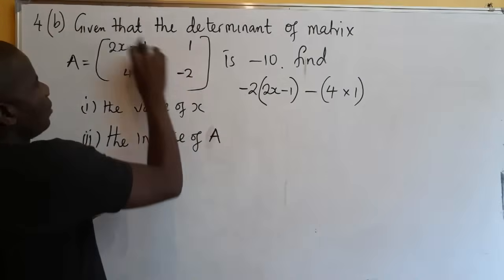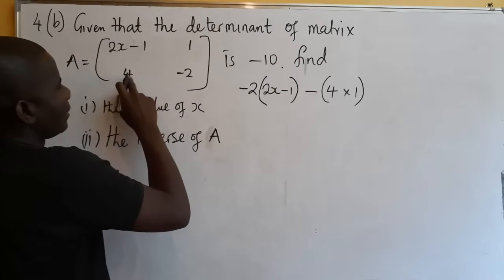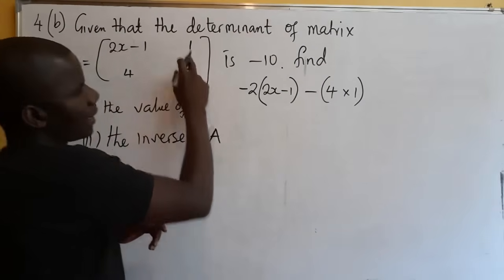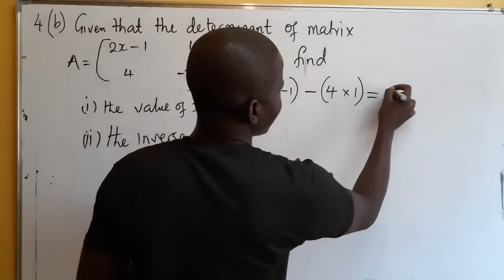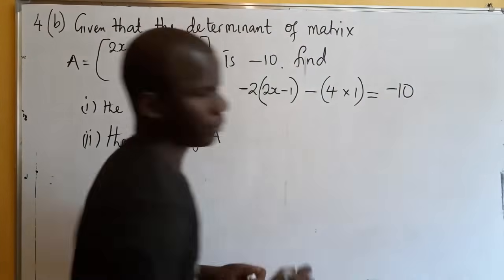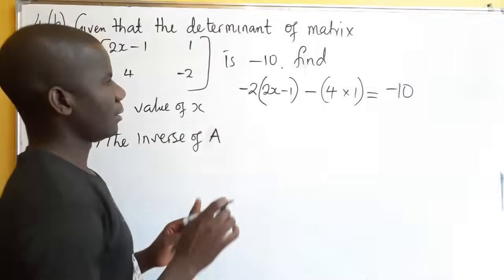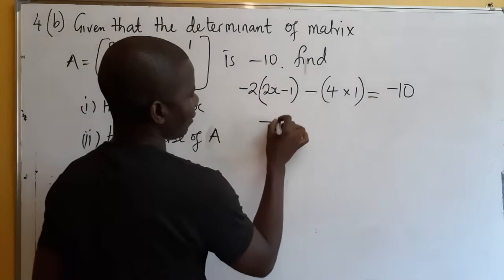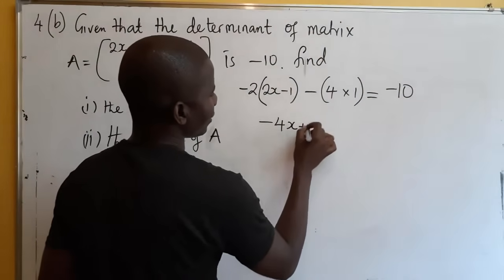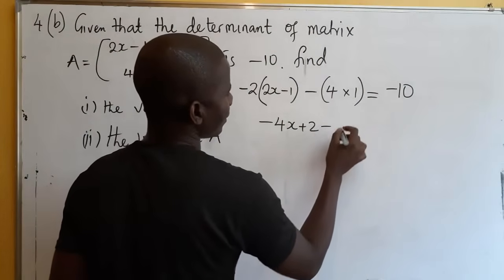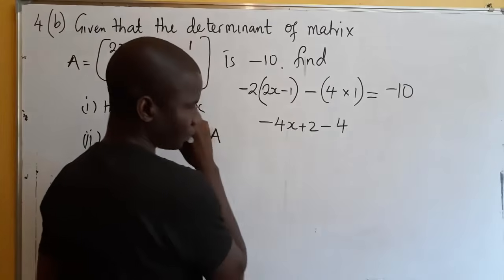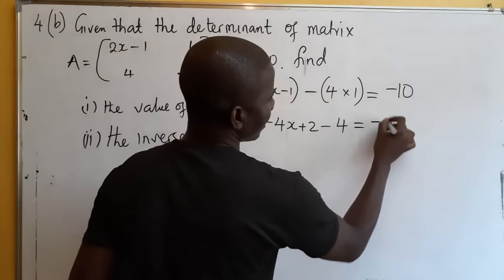We multiply this one by this one, then minus 4 multiplied by 1. This must give us -10, which is the determinant that we have been given. Is that clear? So from this point, then we're going to have -4x plus 2 minus 4. This must give us -10.